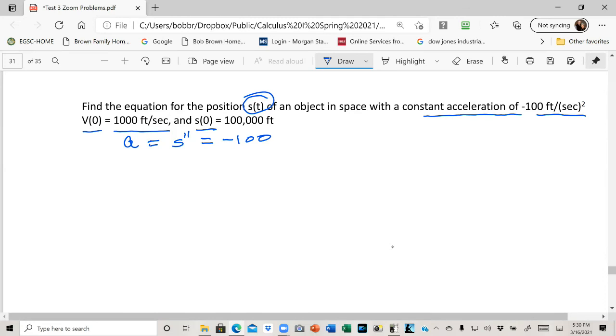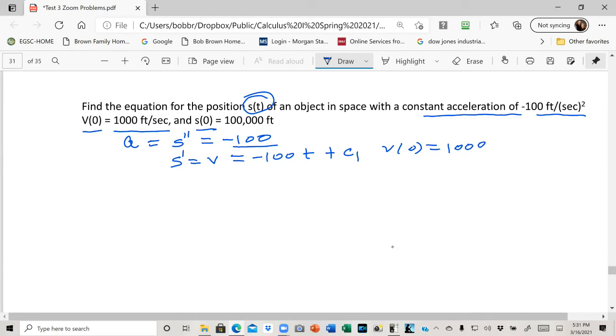Now to solve for S prime, we take the antiderivative. And of course, S prime is also the velocity. The antiderivative of minus 100 is minus 100t plus a constant. We'll call that C1. Now, V at 0 is given as 1,000.